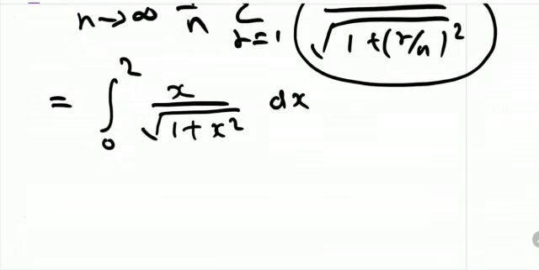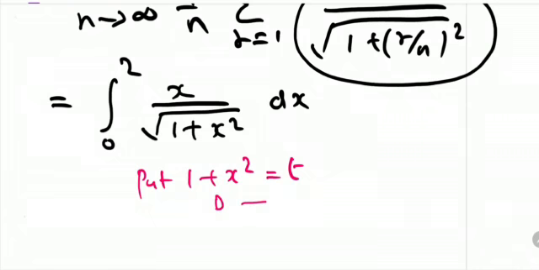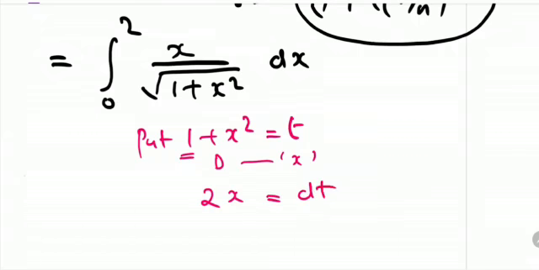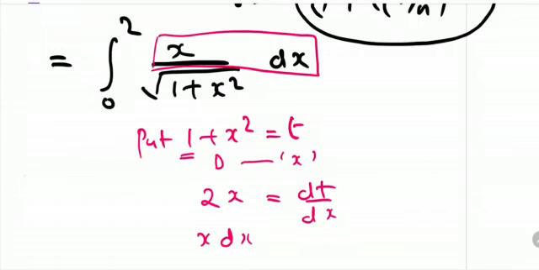Now this is a very simple integration question. We just put 1 plus x square equal to t. If I differentiate this with respect to x, the derivative of 1 is 0, the derivative of x square is 2x, and the derivative of t is dt by dx. So x dx, which we have in the numerator, can simply be written as dt by 2.